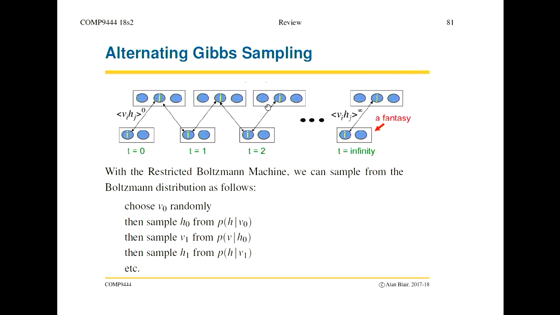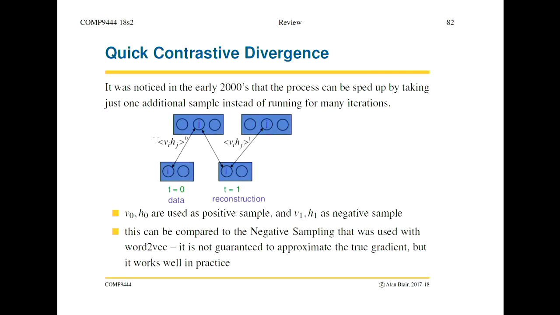People were training like this, but again, it took a long time to go back and forth several times. So then people in Hinton's group in the early 2000s introduced quick contrastive divergence, where they just do 3 hops.